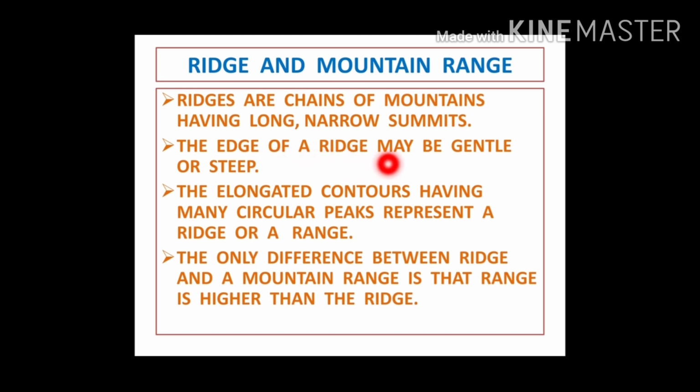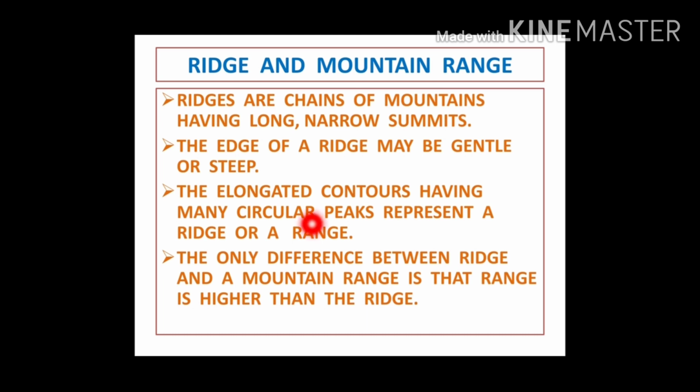The edge of a ridge may be gentle or steep. The elongated contours, elongated means these contours are arranged in such a way that they give you an impression of an elongated structure.